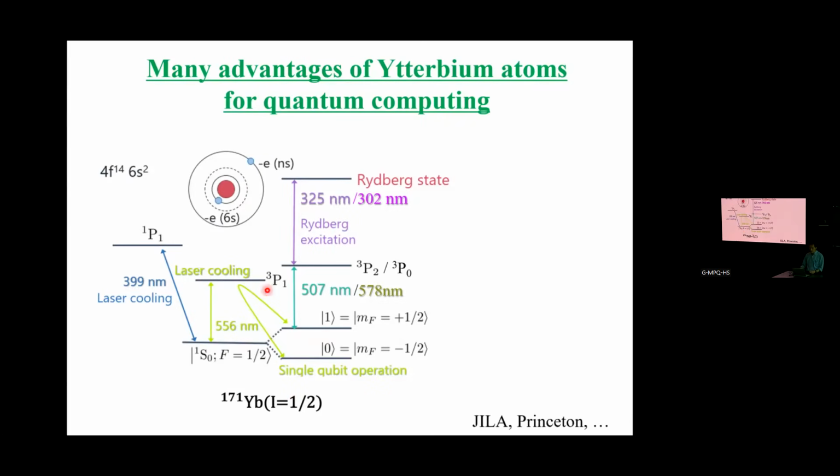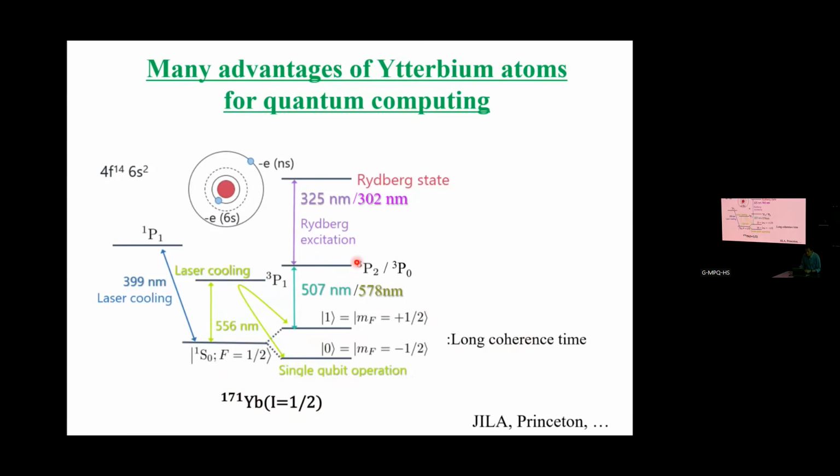In the case of ytterbium, there is 171Yb, a fermionic isotope, which has a nuclear spin of 1/2. So it provides a robust qubit based on the nuclear spin degrees of freedom with long coherence time.